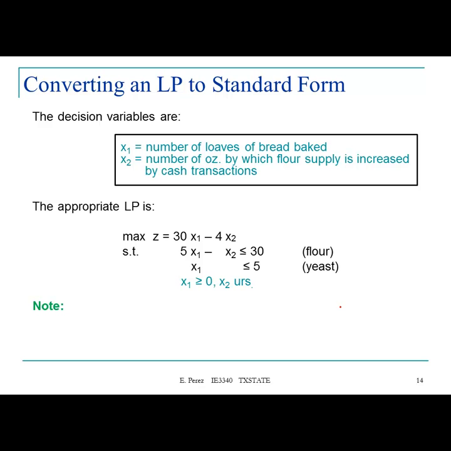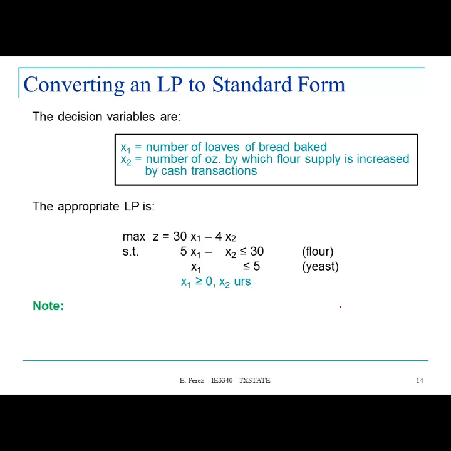So if you formulate this problem, then this is your formulation. You're trying to maximize your profit. If you sell these loaves of bread, you will make 30 cents per unit. But also if you buy more material, then you have some cost.